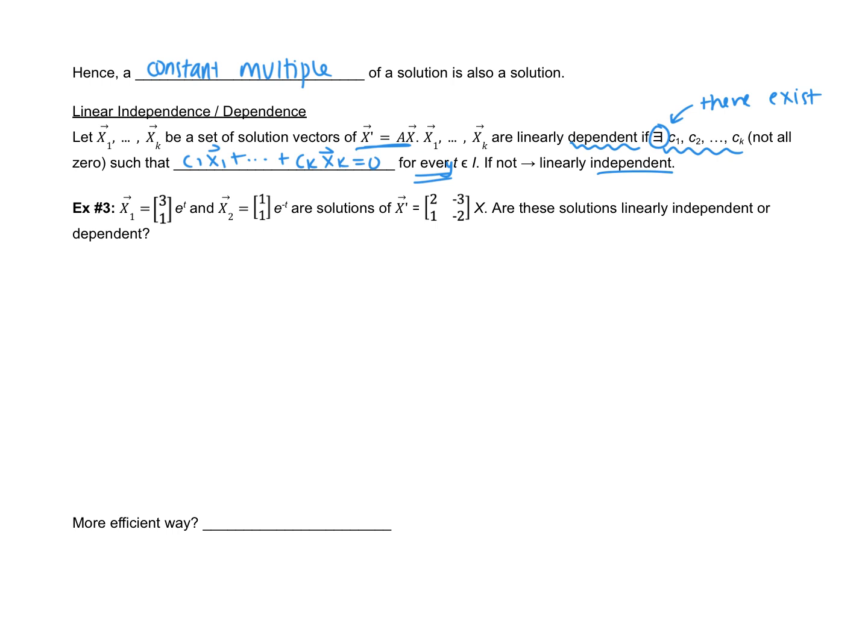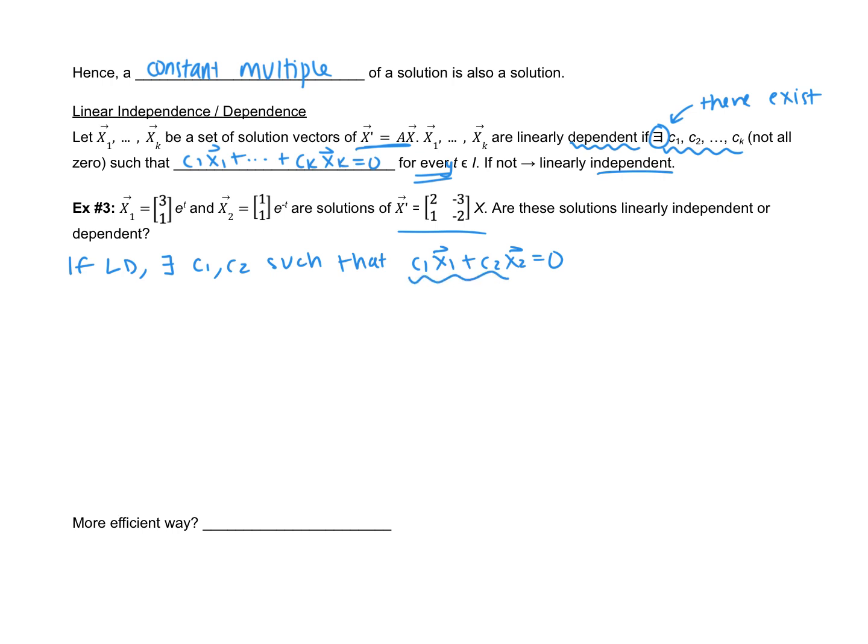Okay, so let's take a look at this example 3. x1 is 3, 1 times e to the t, and x2 is 1, 1 times e to the negative t, and we know that they are solutions of this differential equation. I want to know if these solutions are linearly independent or dependent. If they are linearly dependent, then there exist c1 and c2 such that c1 x1 add c2 x2 is equal to 0.